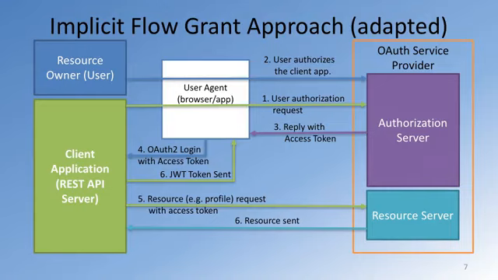It is a much simpler way of operating OAuth 2 for such kinds of applications. So when the resource owner clicks on the login button, the authorization server will prompt the resource owner with the information saying, this client application wants to access your profile information. Do you authorize it?